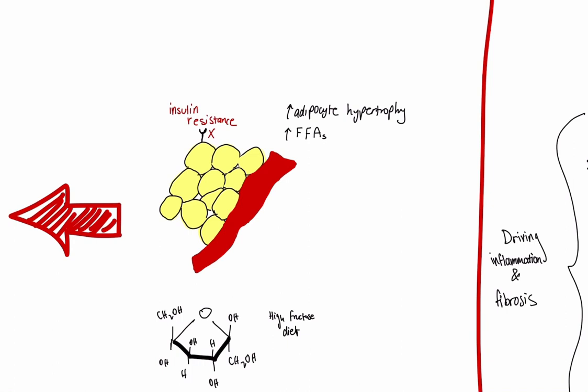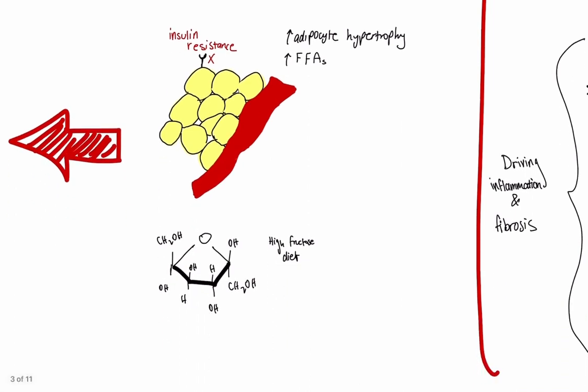And why insulin resistance often comes during obesity is due to aberrant signaling as adipocytes hypertrophy, especially visceral adipocytes, which is why obesity becomes such a major issue in not only metabolic syndrome but also NAFLD.